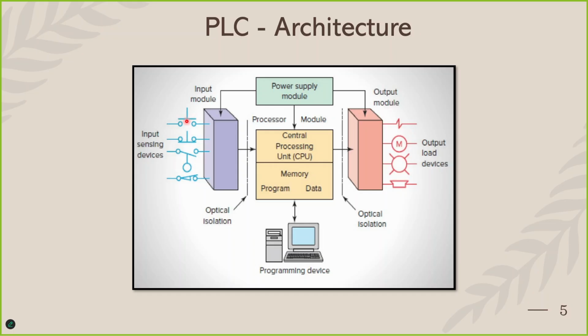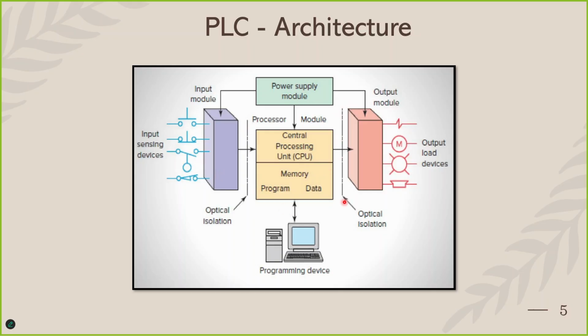What you see here are switches. There are different types of switches. For example, this is a normally open switch. This is a normally closed switch. Basically, these are input sensing devices that are connected to the input module of the PLC.